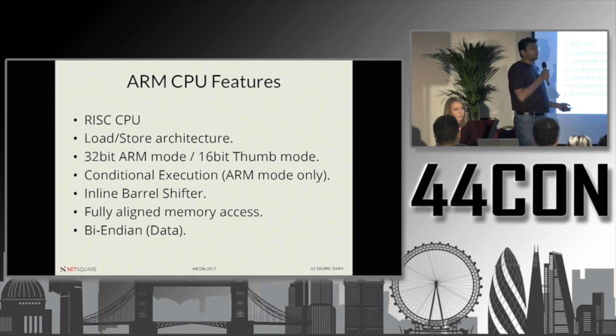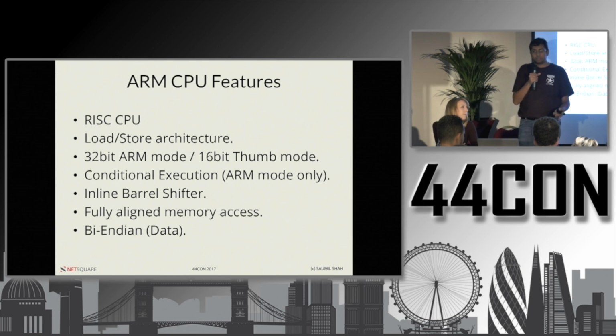ARM also has fully aligned memory access. That means all data and instructions must be perfectly aligned to 4-byte boundaries, or 2-byte boundaries in thumb. You cannot have unaligned access, unlike Intel. In certain modern ARM processors, data can be accessed in both endian modes.